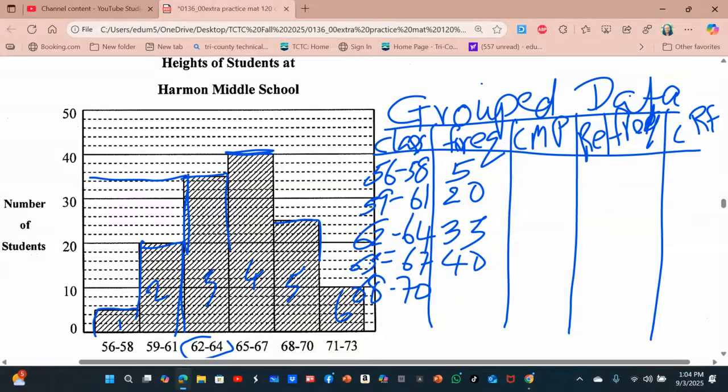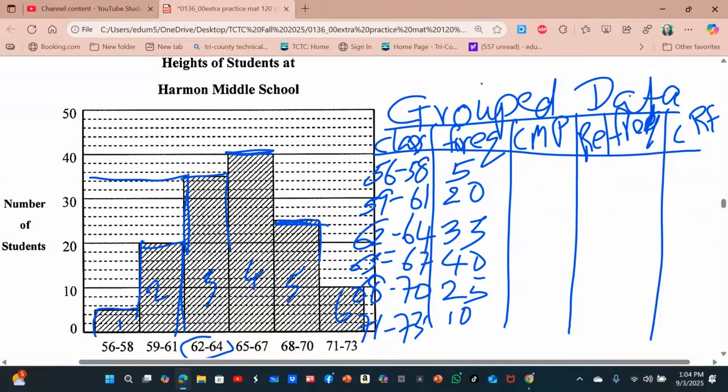The number of students is 25. And the last class is 71 to 73, and the number of students is 10.